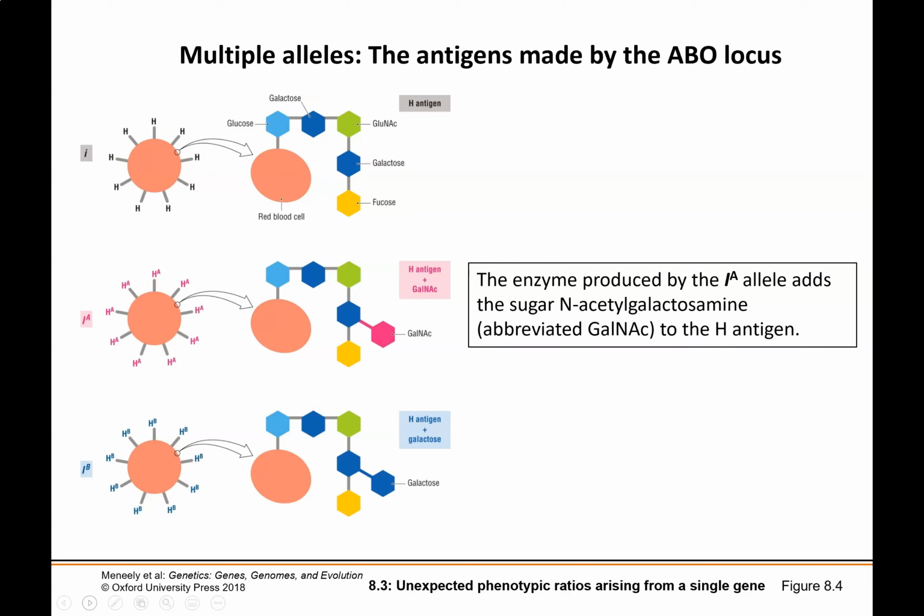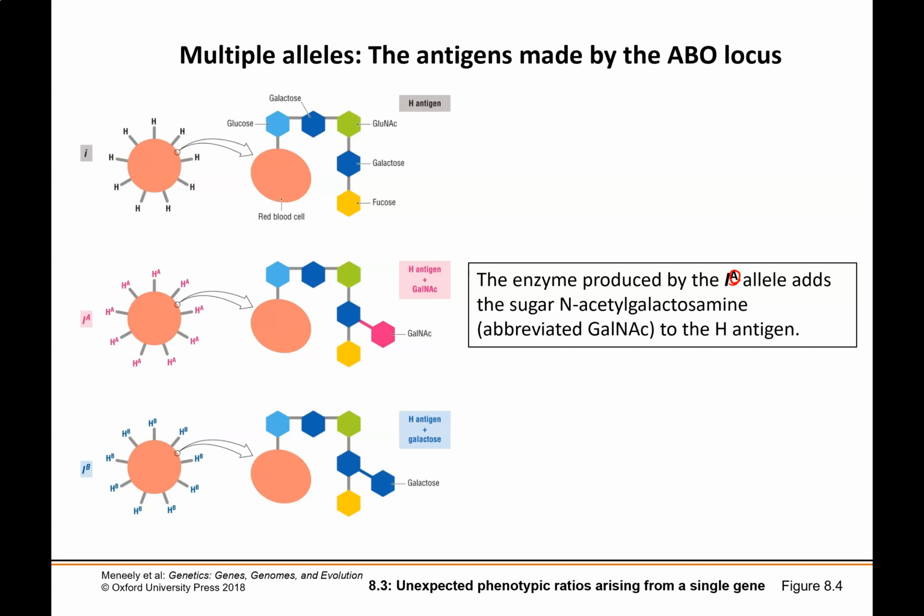If you are an A blood type, the enzyme, the glycosyltransferase that is produced in your body, actually adds a specific sugar, N-acetylgalactosamine. You don't have to remember that. You can just call it the A antigen.